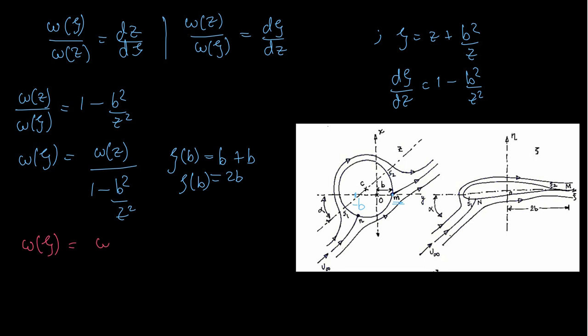It is w of b divided by 1 minus b squared by b squared. The denominator is tending to 0, which means the entire thing is tending to infinity. So in case w of b is a non-zero quantity, at 2b in the airfoil, the complex velocity is tending to infinity.